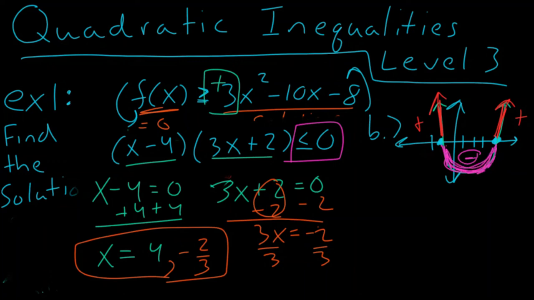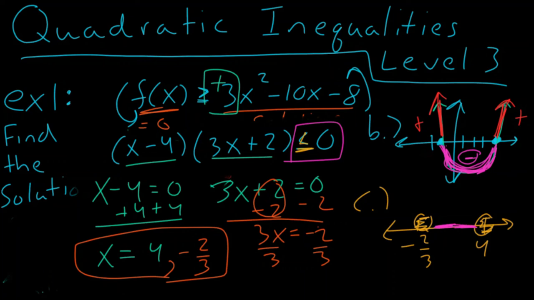And then how would you describe that negative portion? Well, hopefully, when you go to graph your number line, you'd say that negative portion is in between negative 2/3 and positive 4. Okay? It's less than or equal to, we can shade in our circles, and I would describe these negative solutions as being in between those two values.